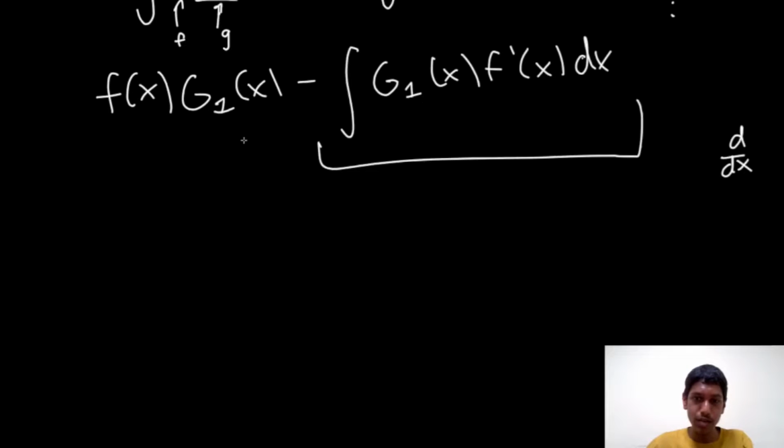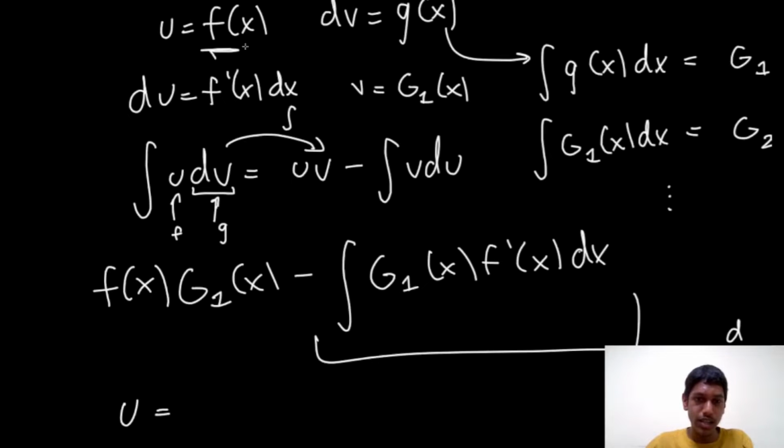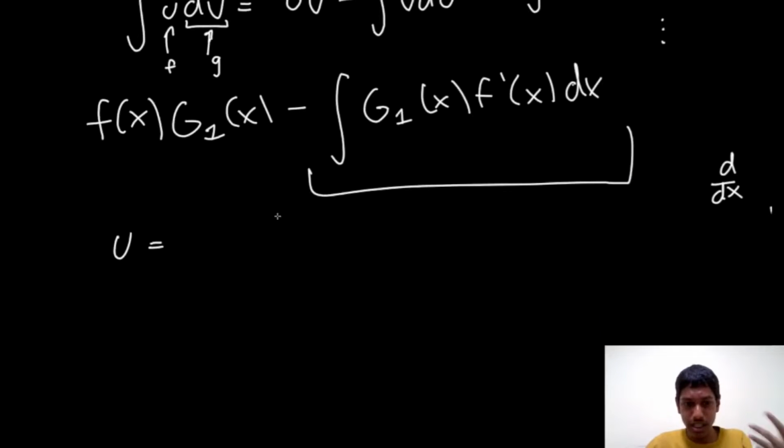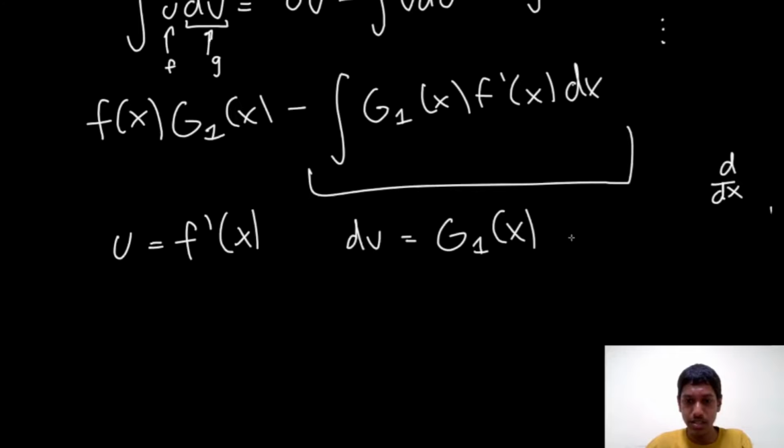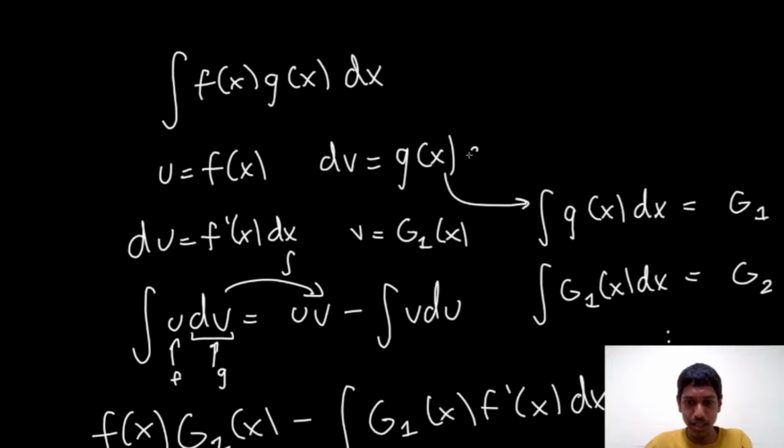So instead, we're going to have u, so we're going to keep letting u be related to f, f prime this time, and then dv will be g1 of x dx. Sorry, I don't think I put that over here.